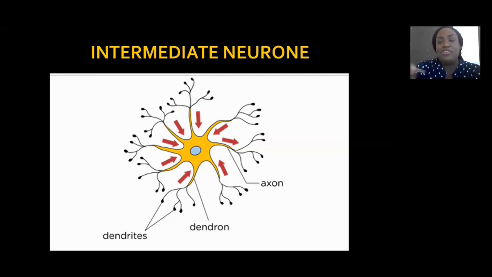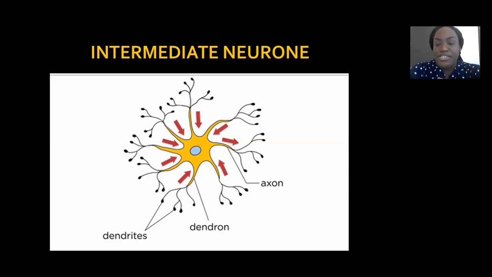So it doesn't have to be stretched out long to reach another intermediate neuron as it would if it were in your arm or say your leg, where it has to travel feet away. Remember, these are only found in your brain or spinal cord. So on these types of neurons, the axon will be very, very short.